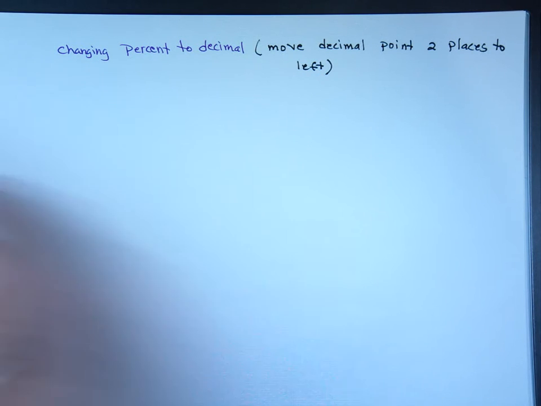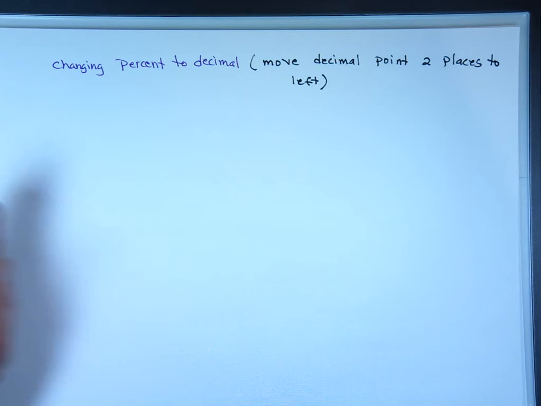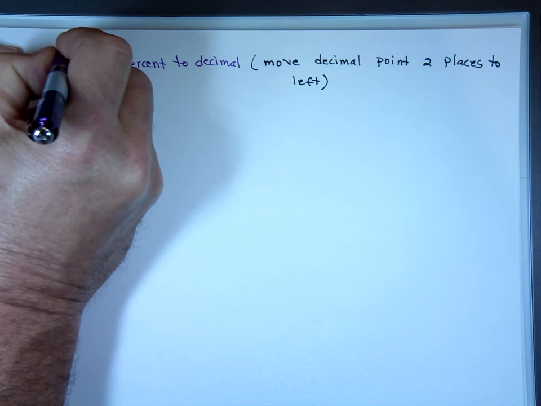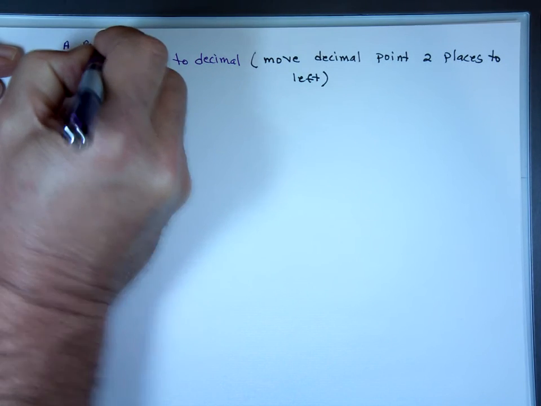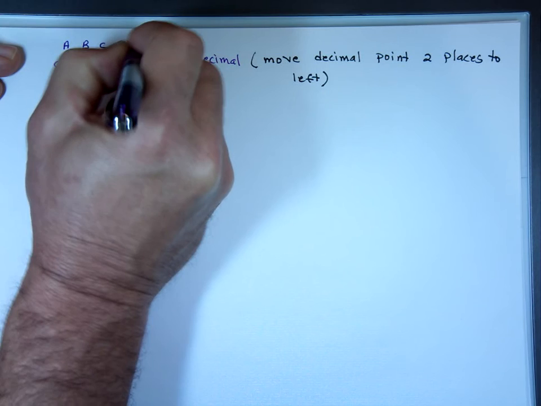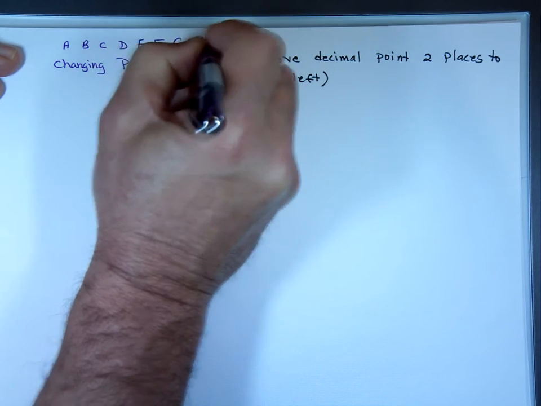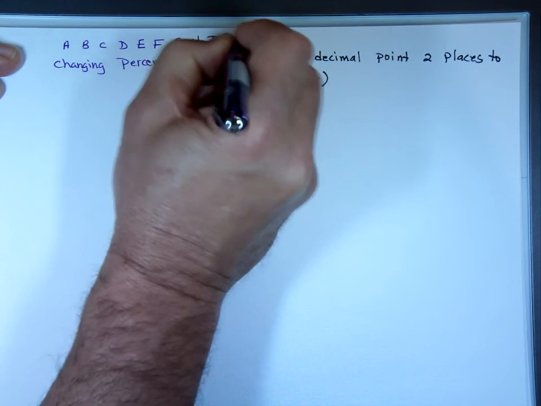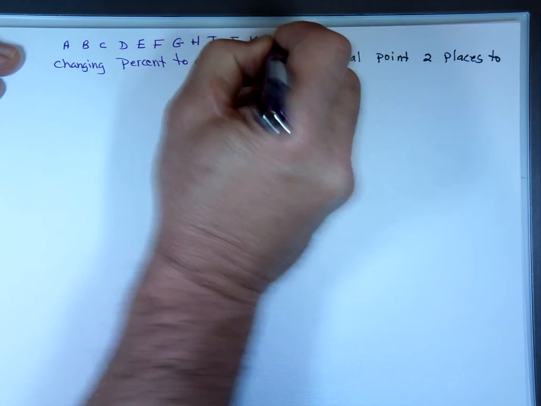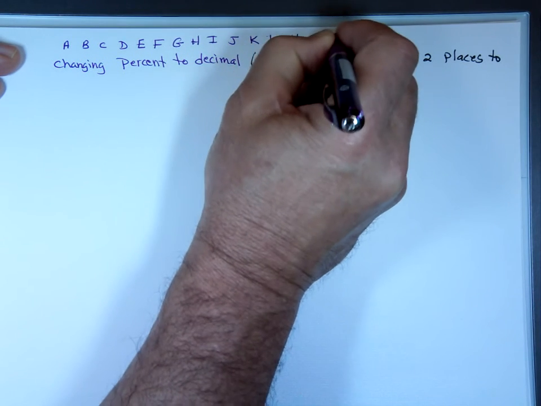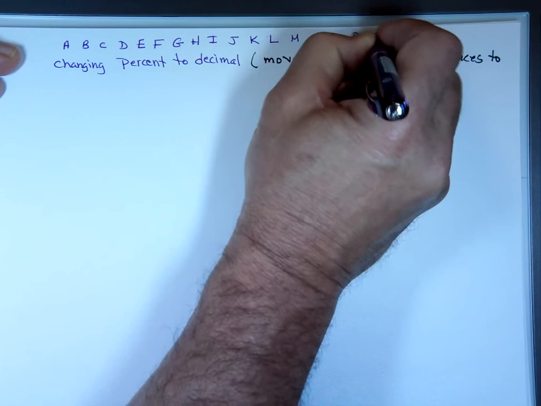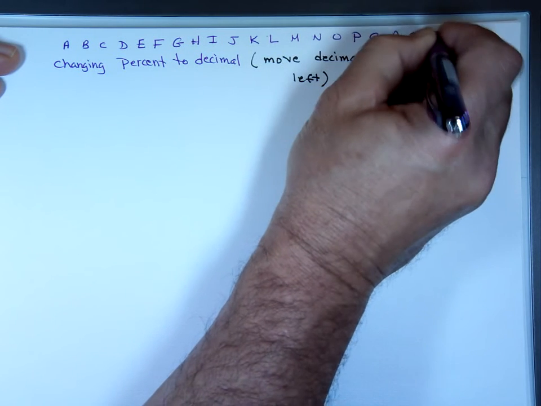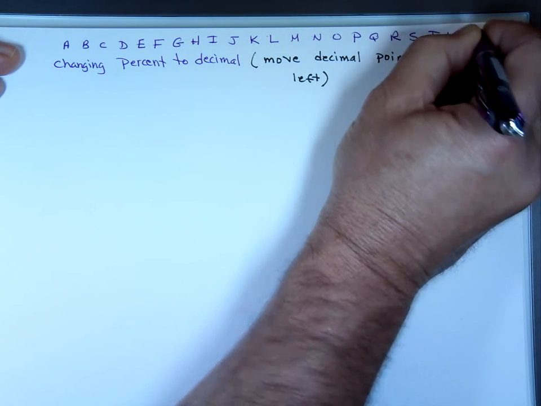Now I'll give you one easy way to remember which way to move. I'll give you a little hint. Let's write our alphabet. A, B, C, D, E, F, G, H, I, J, K, L, M, N, O, P, Q, R, S, T, U, V, W. I don't care about the rest.